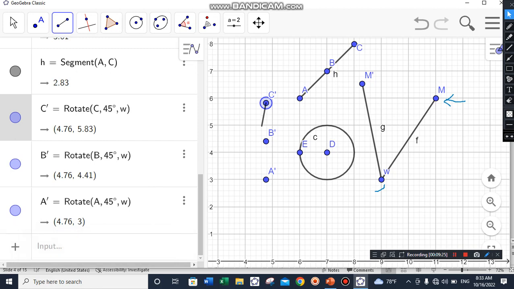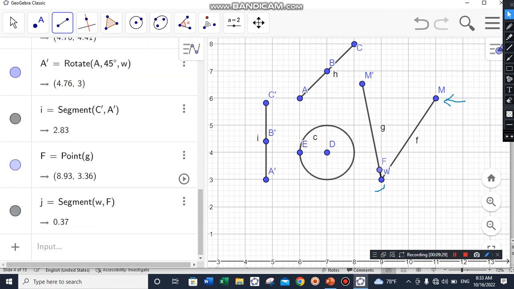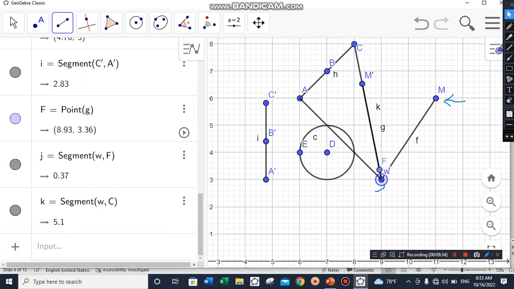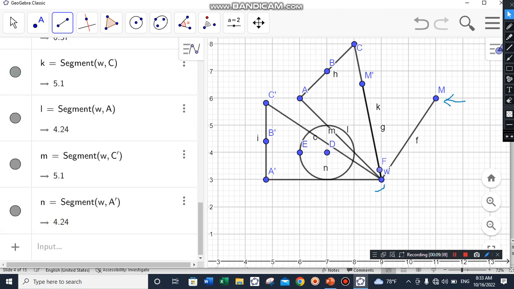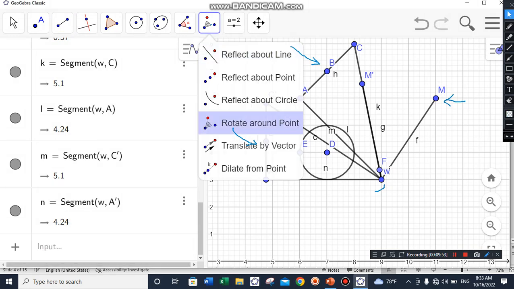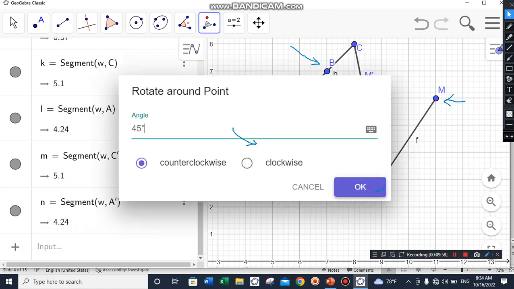We're going to get another segment, and if you join these from W to this one, you have the new rotation, as you can see. If B is the midpoint, because rotation preserves midpoints, you also have B prime, and the image will be the midpoint of the segment. You can also rotate a circle. This is the center W. Suppose let me do it.